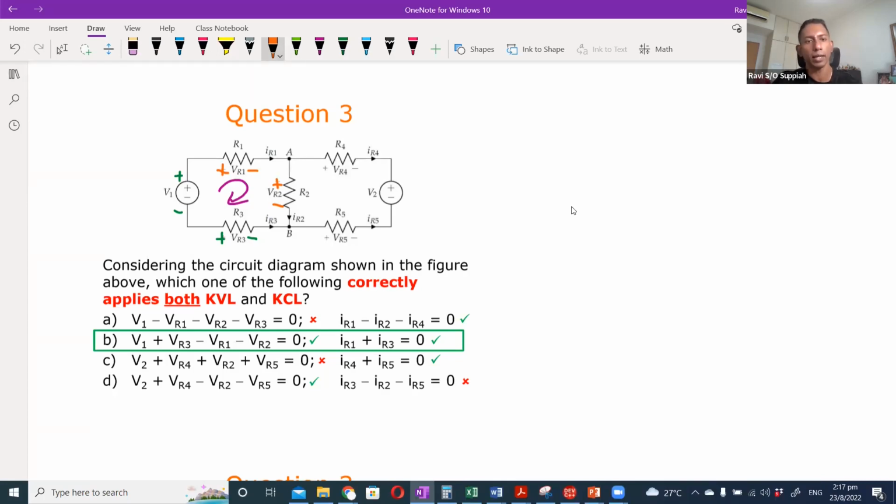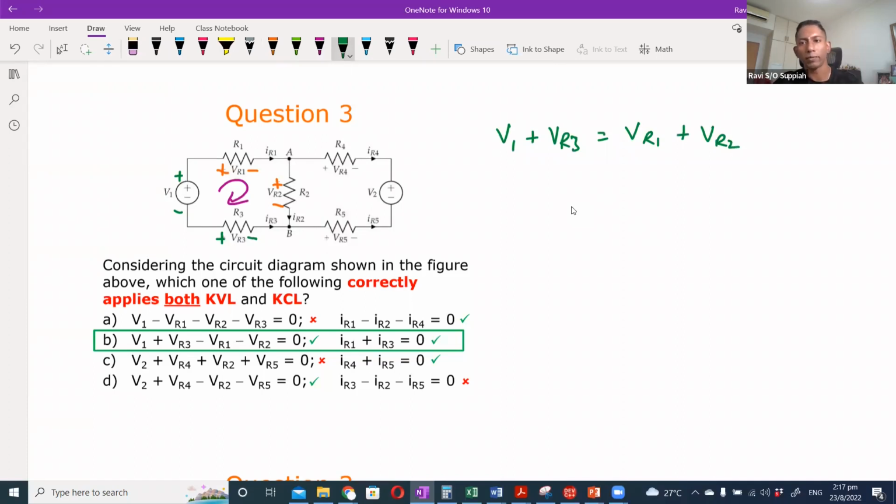By KVL principle, when you draw a loop, all the voltage drops in the same direction will be equal to all the voltage drops in the opposite direction. So you can formulate an expression to say that V1 plus VR3 equals VR1 plus VR2.